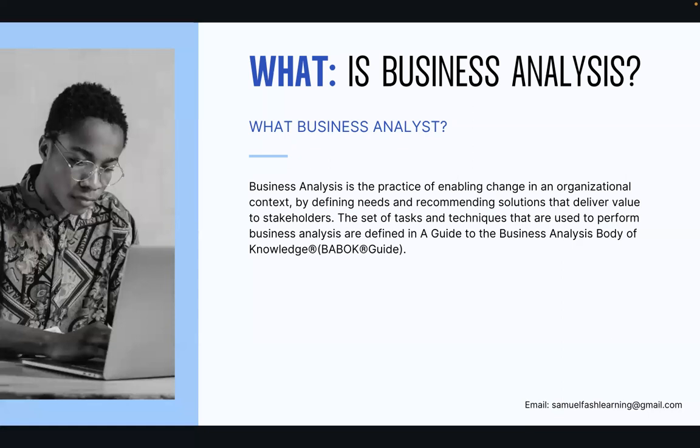A successful BA would transition into product ownership, and after product owner, you transition into a product manager. From product manager, you move up the ladder to senior product manager, director, VP of product, and so on, chief product officer.